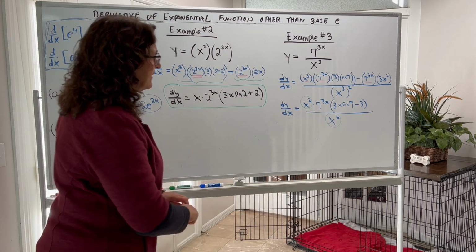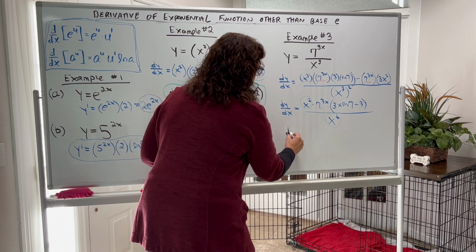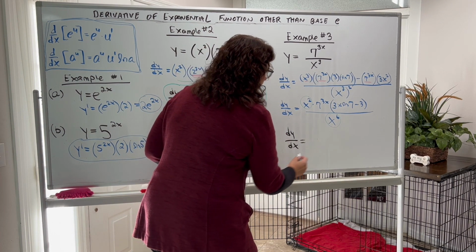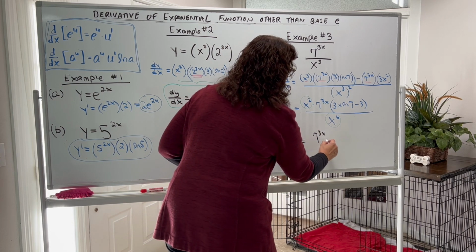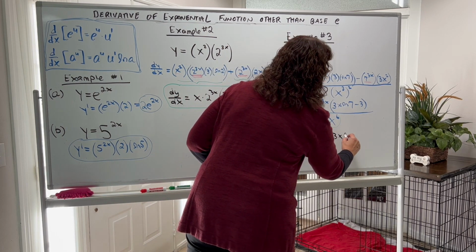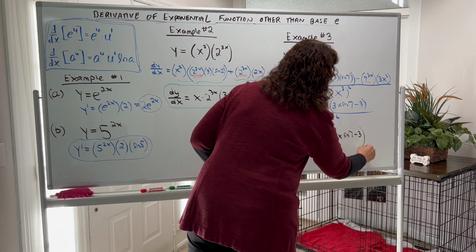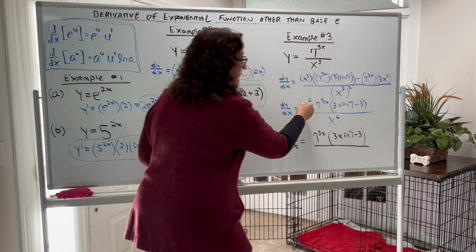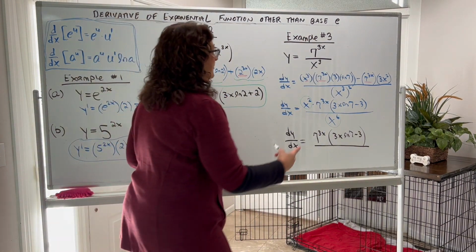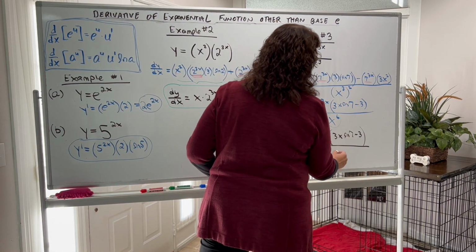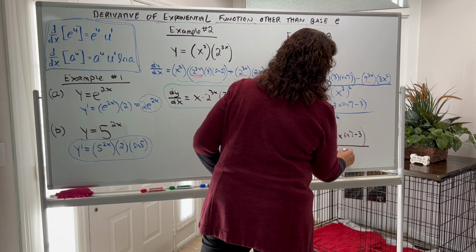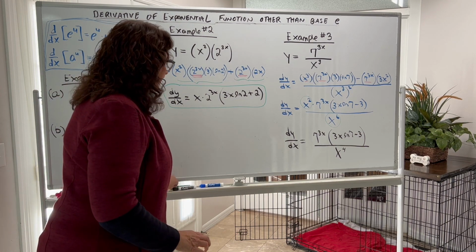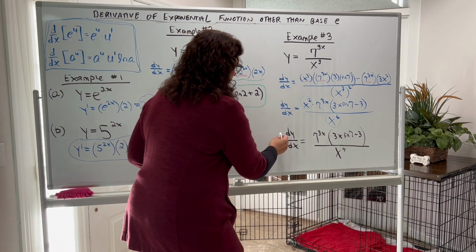So our simplified derivative: when you cancel the x squareds, you have 7 to the 3x, our exponential function, and then 3x natural log 7 minus 3, over x to the 4th power. I just realized we could have pulled the 3 out also, but I'm going to leave it alone. I wanted to pull the x's out so you can see that we can cancel: we're canceling x squared, leaving x to the 4th power.